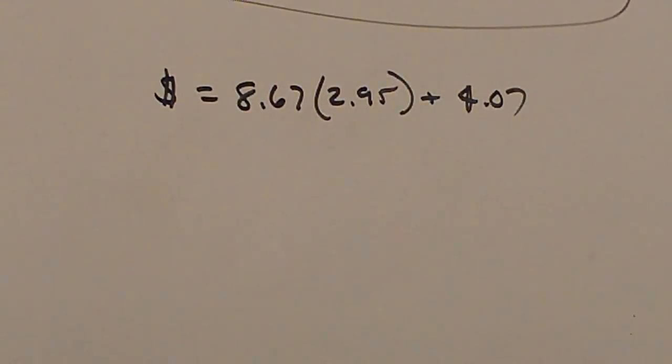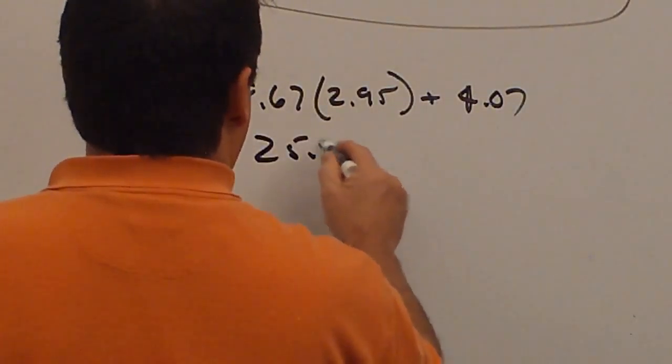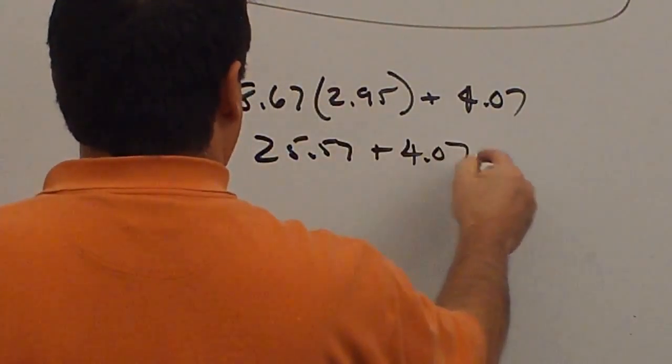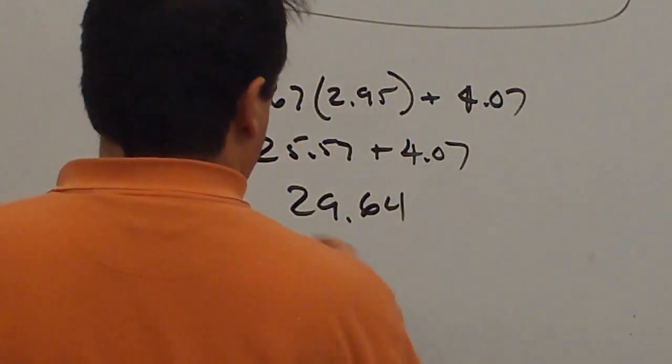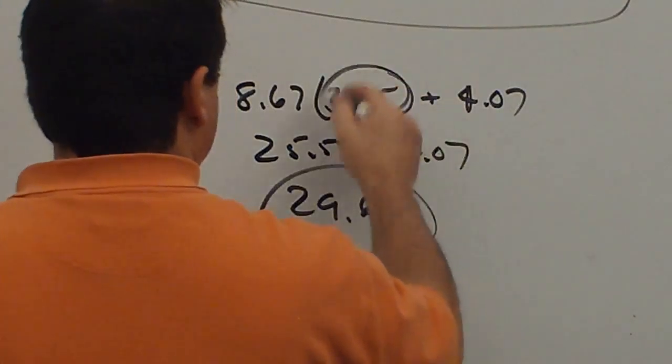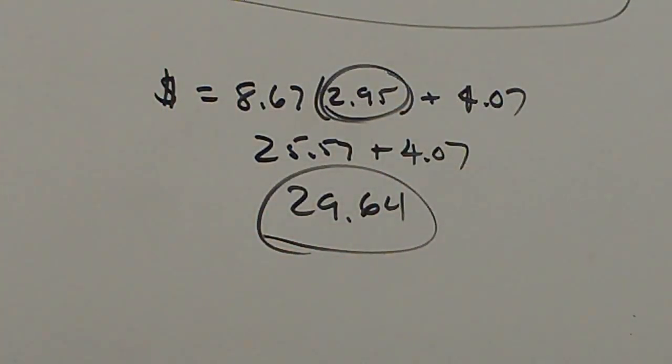That is 25.57. 25.57 plus 4.07 puts me at 29.64. So I would predict a person that has a GPA of 2.95 will earn $29,640.